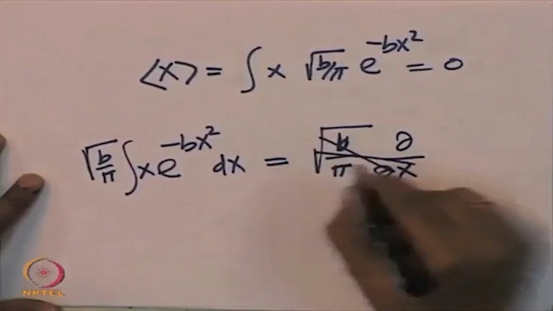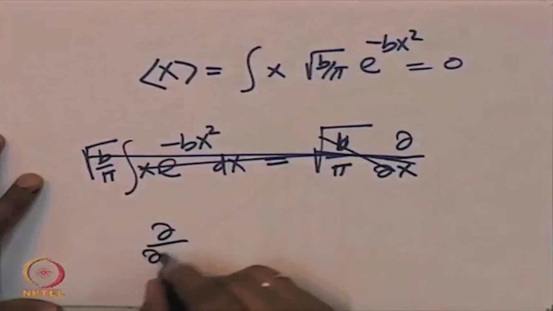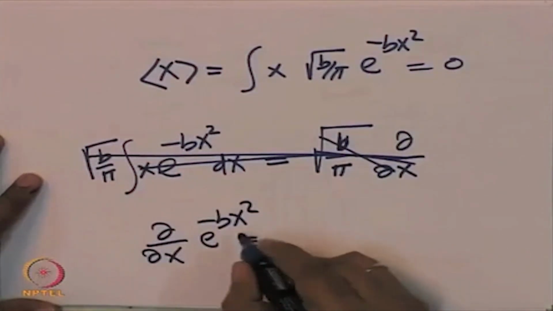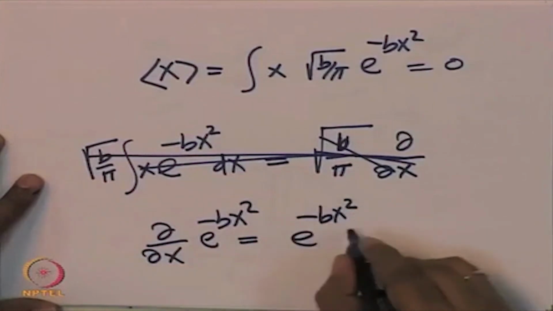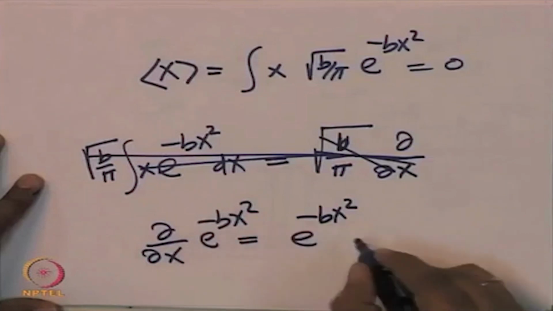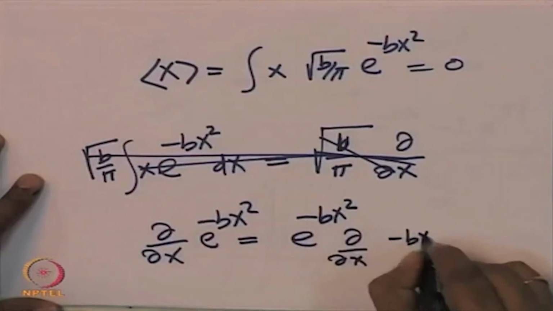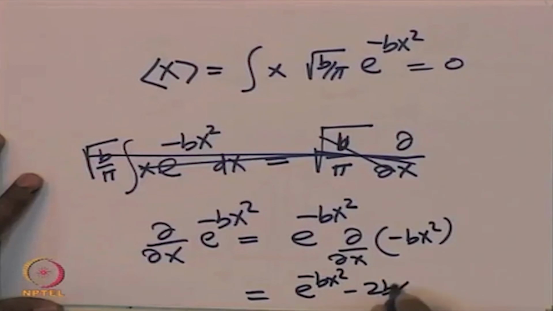So let us look at this. What is del by del x of e power minus b x square? This is e power minus b x square into the derivative of minus b x square, so this is e power minus b x square times minus 2 b x.